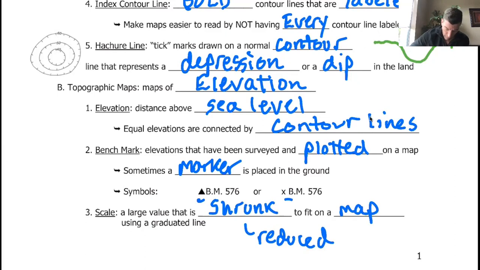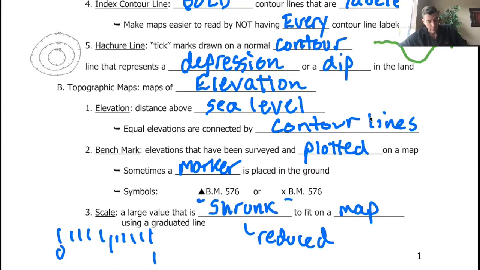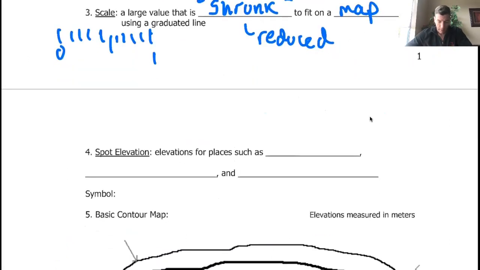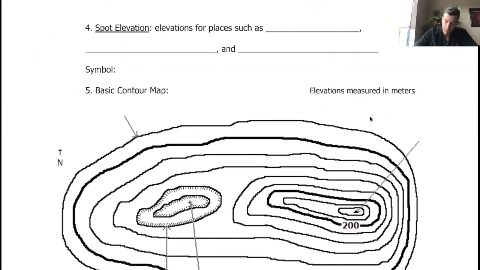So I'll just draw a little ruler here, 0 and 1, and you just have these little 1, 2, 3, 4, 5, 6, 7, 8, 9, 10, and you break it down, and that's called graduations. You probably have used a graduated cylinder back in high school. Same sort of thing.